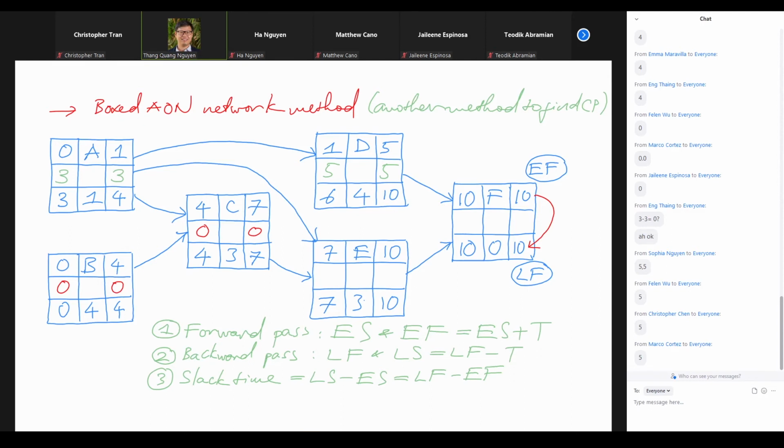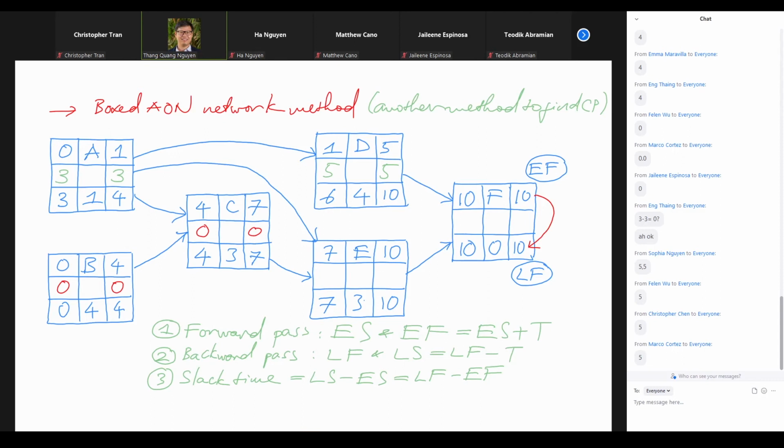But if we delay D by 6 weeks, then the wedding date will be pushed back by 1 week, and D will become part of the new critical path. That's what we don't want to happen. So we only want to delay A by 3 weeks at most, and delay D by 5 weeks at most.